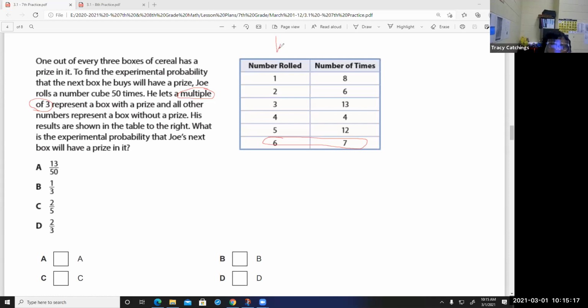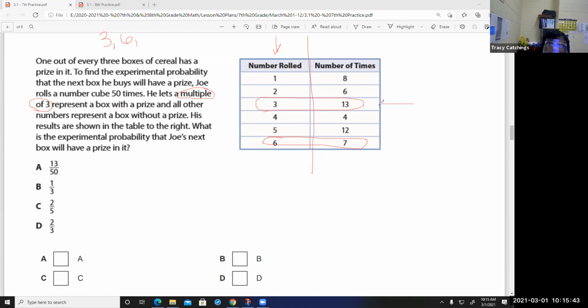We only look on this side. Is that the only multiple of 3? Multiples start at that number. So that'll be 3, 6, 9, 1 not in there. So we got 2 multiples of 3, 3 and 6.